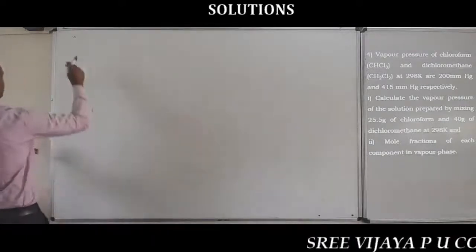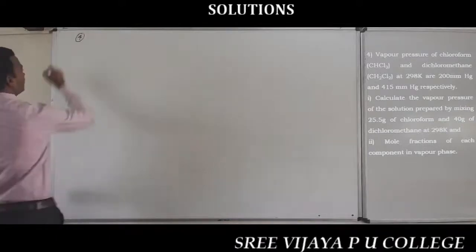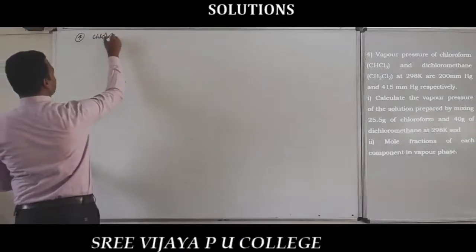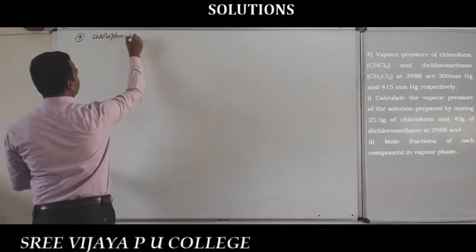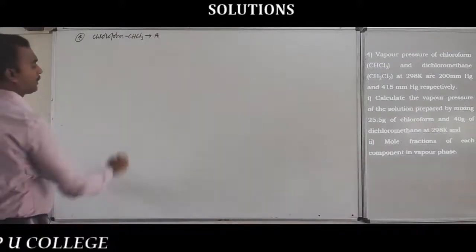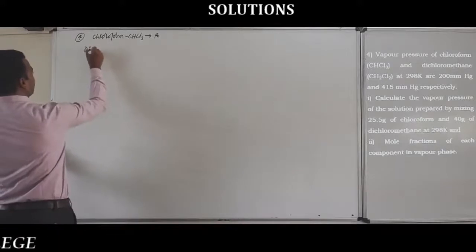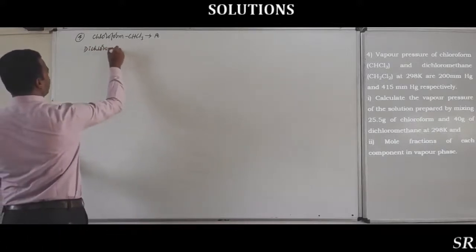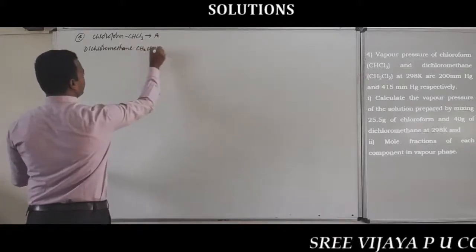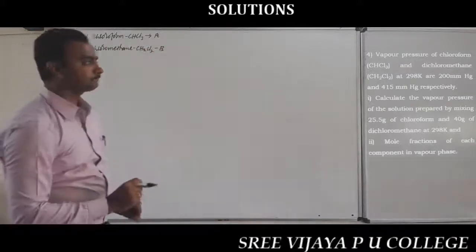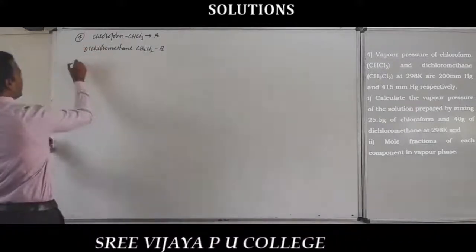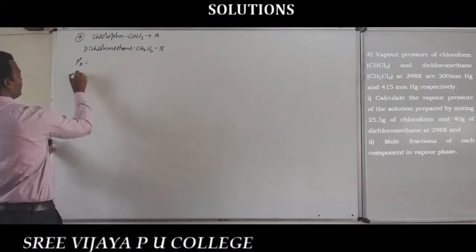Problem number 4. Given data: there are two components. Chloroform, formula CHCl3, is taken as component A. Dichloromethane, CH2Cl2, is taken as component B. The vapor pressures of both chloroform and dichloromethane are given, that is P0A and P0B.